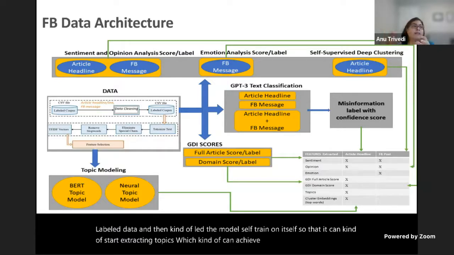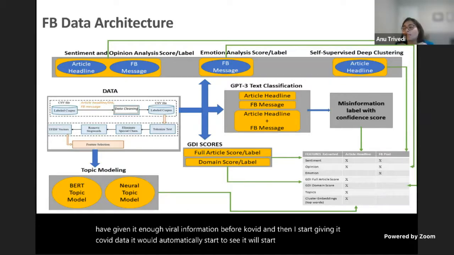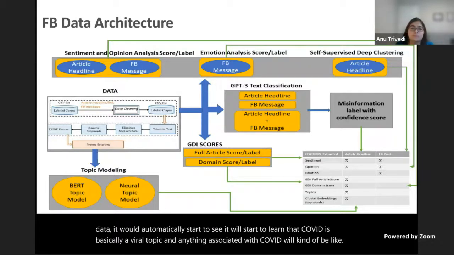For example, if I've given it enough viral information before COVID, and then I start giving it COVID data, it would automatically learn that COVID is a viral topic, and anything associated with COVID will be pulled out.